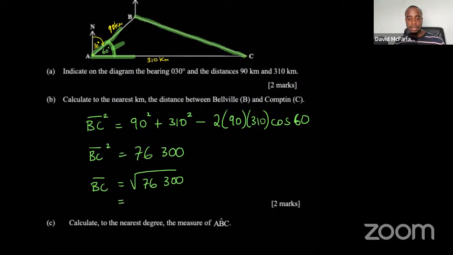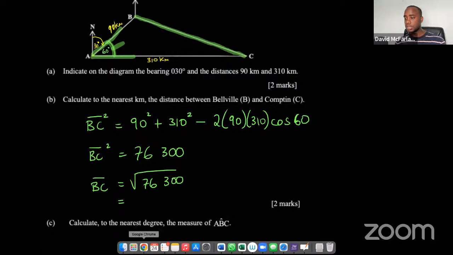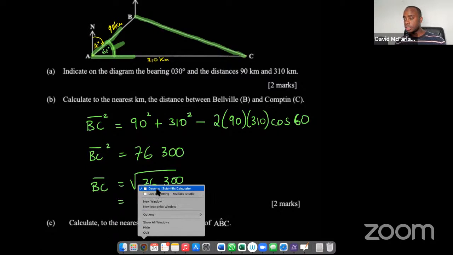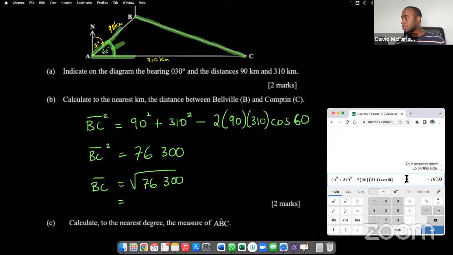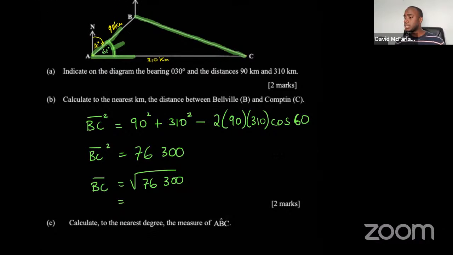I see somebody in the chat saying 276. Let's check it out. Square root our answer: 276.22. I wanted it to the nearest kilometer, so yes, 276 kilometers. Right?